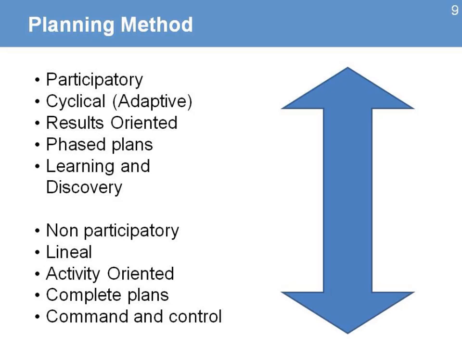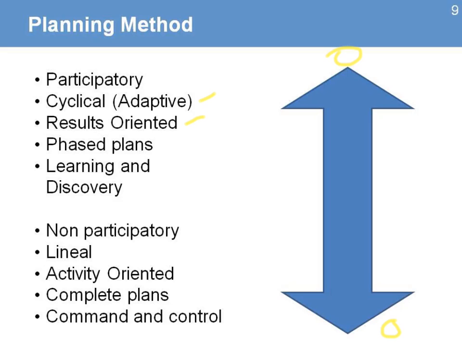The planning method will depend on the type of project. An adaptive project is at the top level here, and a traditional project will be on the other extreme. An adaptive project means it's participatory, meaning that you need to bring in more people and stakeholders to participate in the planning sessions. It is cyclical, meaning that you're constantly adapting it.